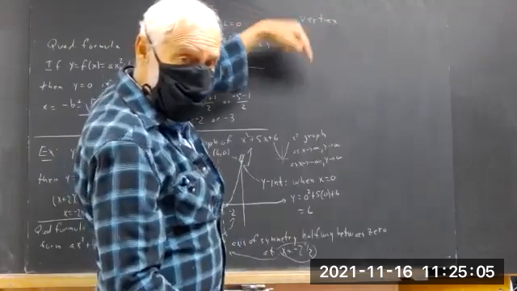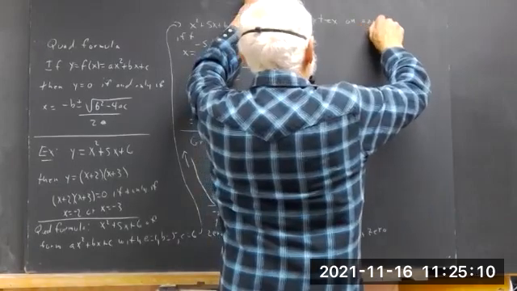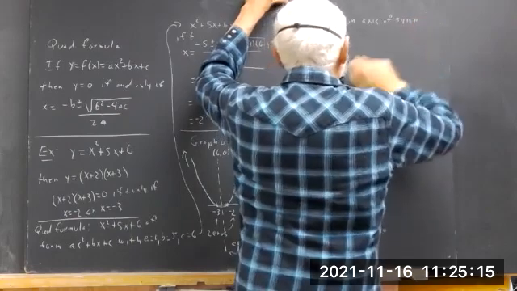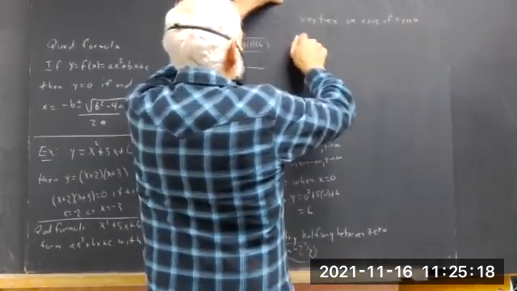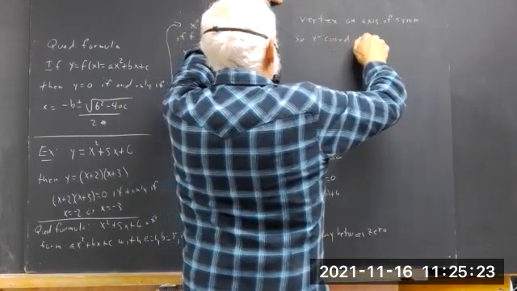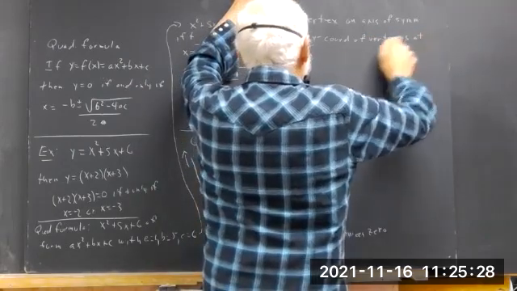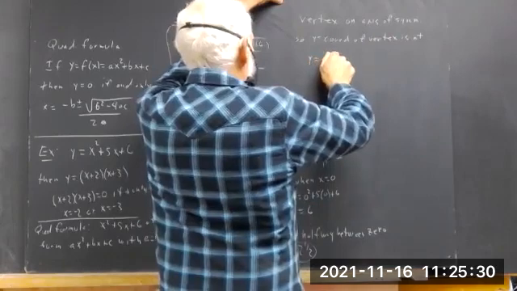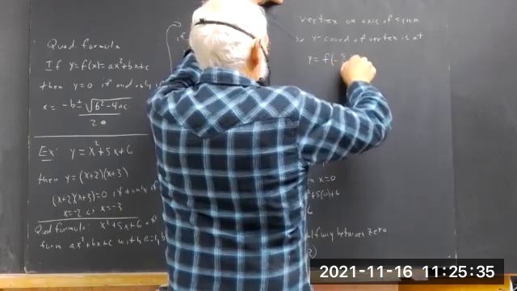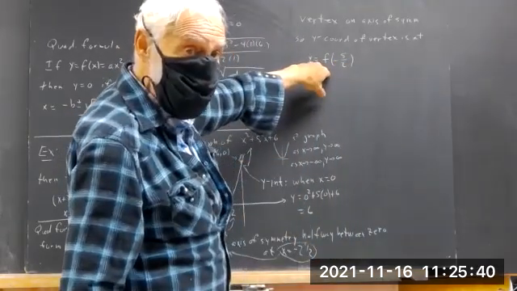Yeah, the vertex is on the axis of symmetry. Instead of -2.5, I'm going to use -5 halves because I've got to do arithmetic with it.